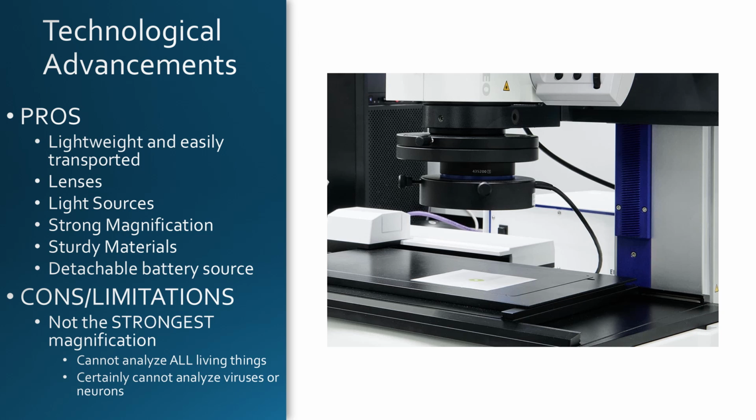Don't get me wrong, we still have to be careful with microscopes, but they are much sturdier. The lenses and light sources work together to produce a stronger magnification, and many types of microscopes these days have a detachable battery source.